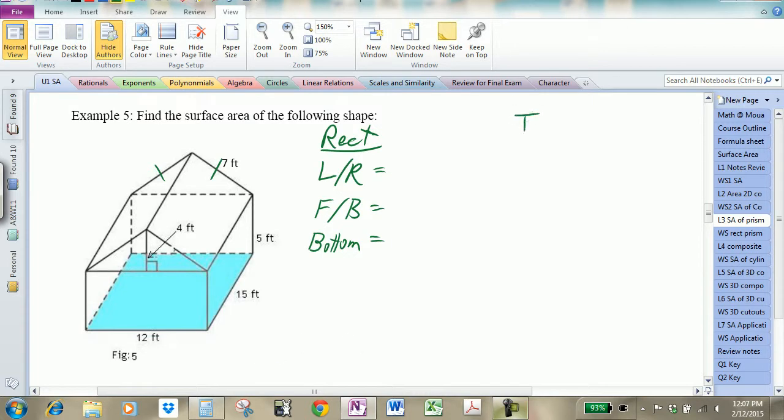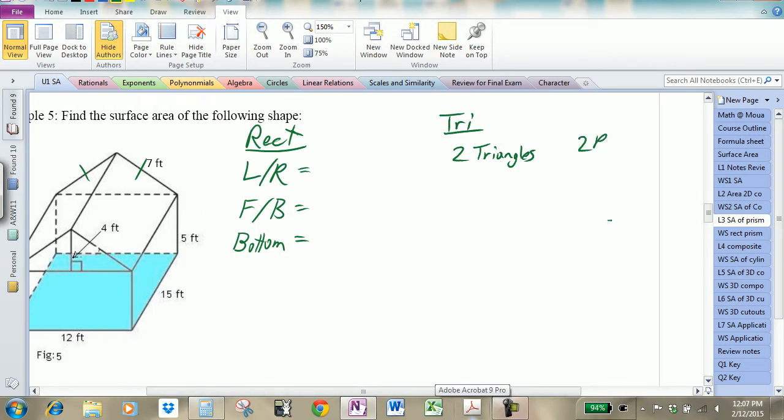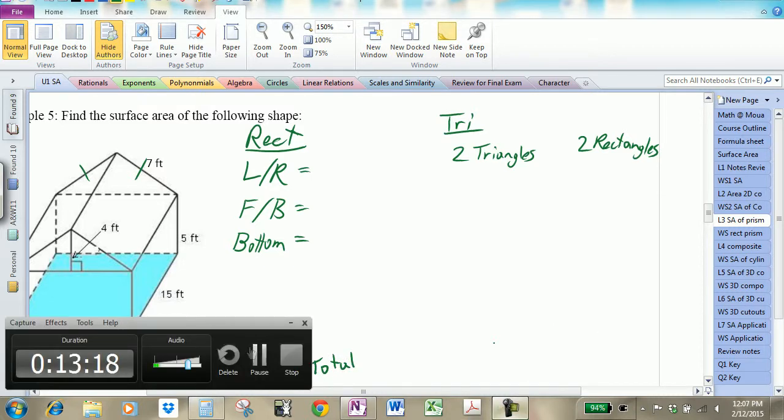For the triangular prism, you have 2 triangles and you have 2 rectangles. So find those and then tell me the total. That should be enough to get you started.